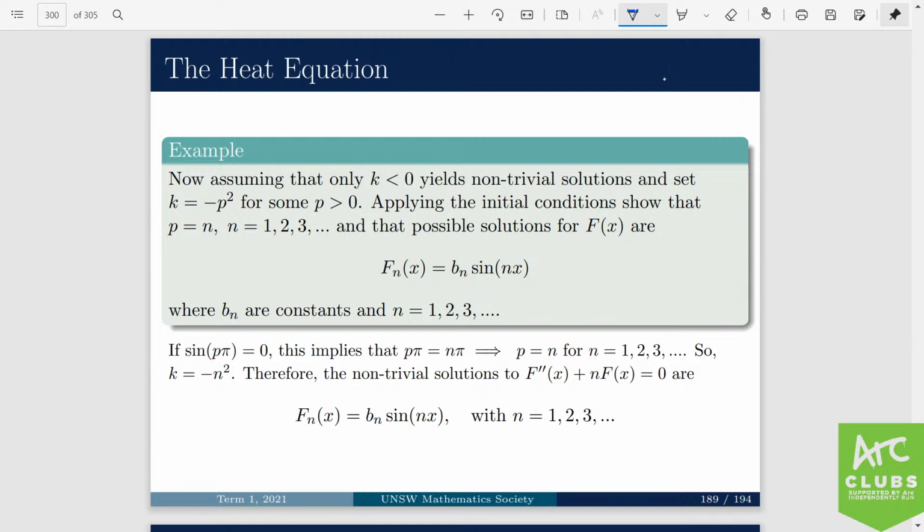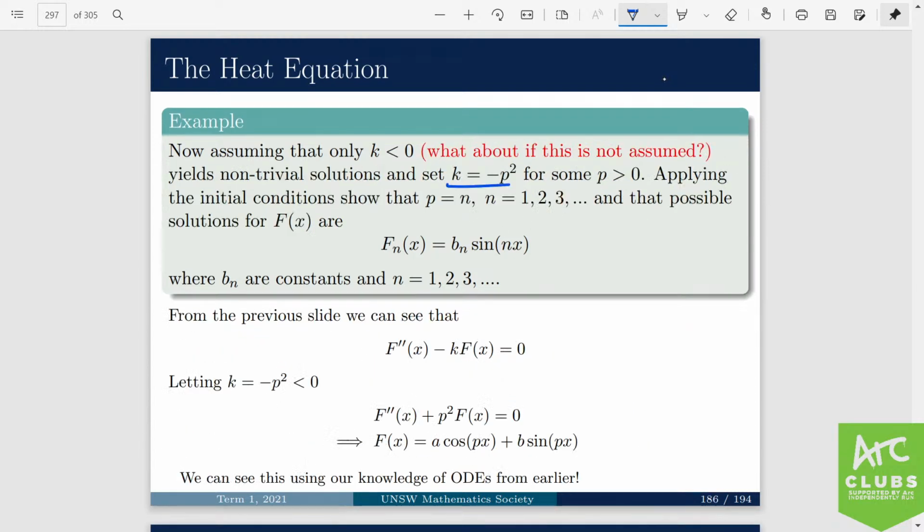Going back to our original notation, k, instead of being equal to negative p squared, is now equal to negative n squared. So our equation turns into f double dashed of x plus, instead of p squared, I think that should be n squared, is equal to 0.